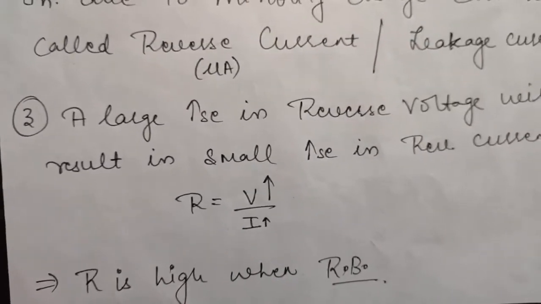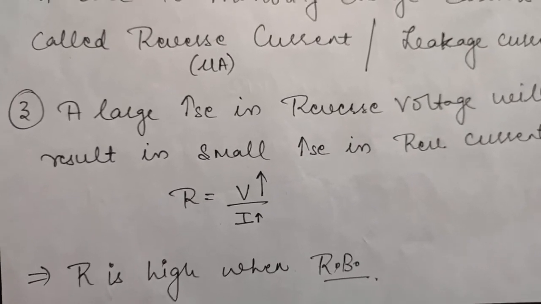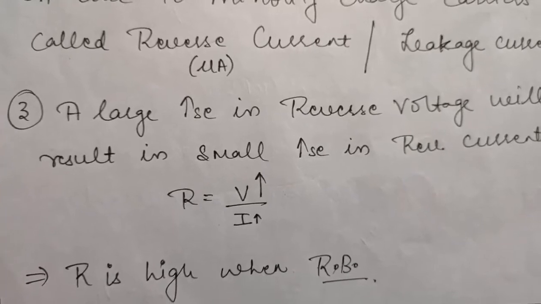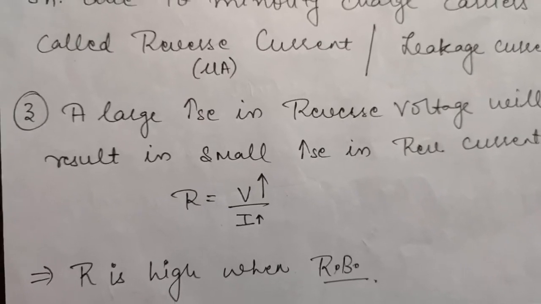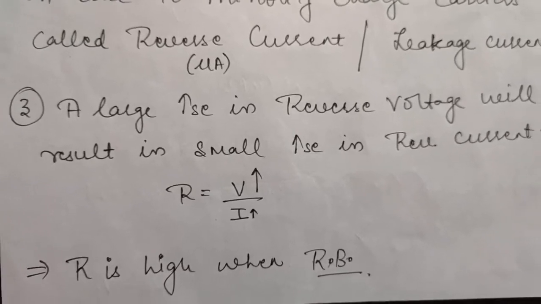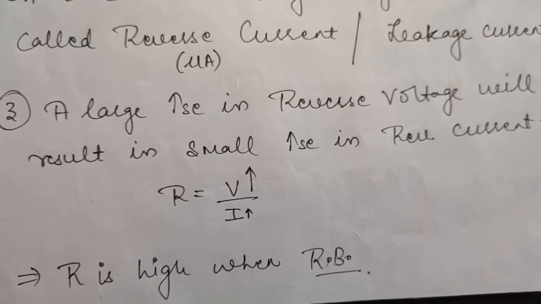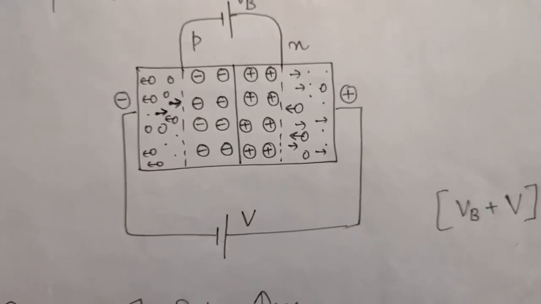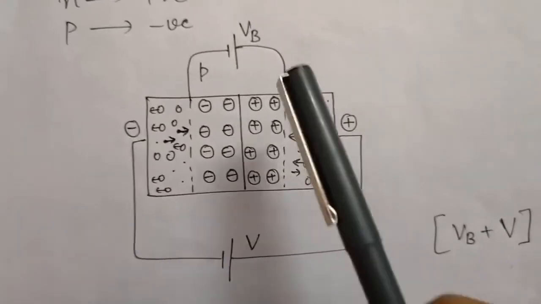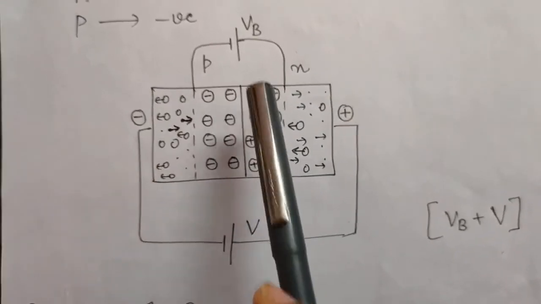So now these become the main 3 points of reverse biasing: the width of the depletion layer will increase, a small reverse current will flow due to minority charge carriers, and the resistance of the PN junction becomes high when it is reverse biased. Now if you can see, this time VB and V have the same polarity, negative electrode on the left side and positive electrode on the right side.